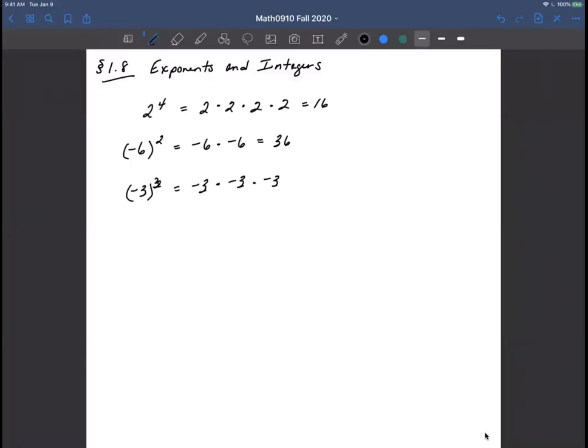If I were to do these in order from left to right, the first two would be -3 times -3, which is +9, times -3. Just brought down this -3. Then +9 times -3 is -27, because a negative times a positive is a negative.